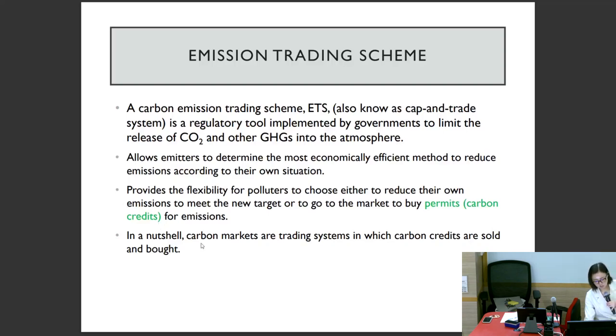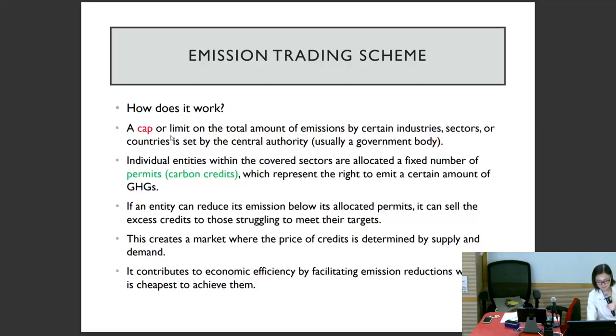So in a nutshell, carbon markets are trading systems in which carbon credits are sold and bought. So, cap and trade. The government caps the allowance, and then these allowances will be traded in the market. A cap or limit on the total amount of emissions by certain industries, sectors, or countries is set by the central authority, usually the government.